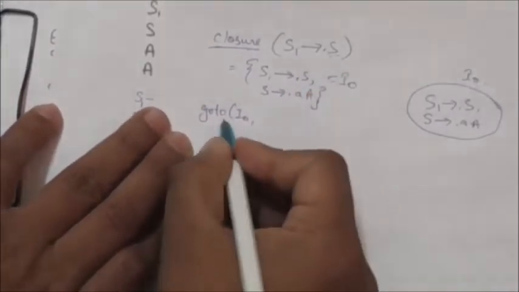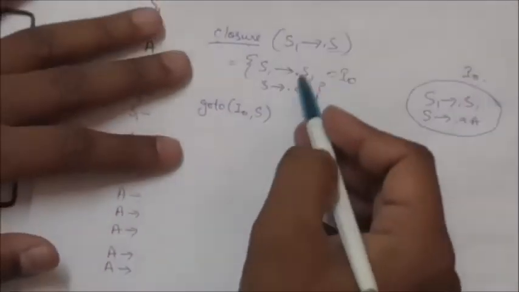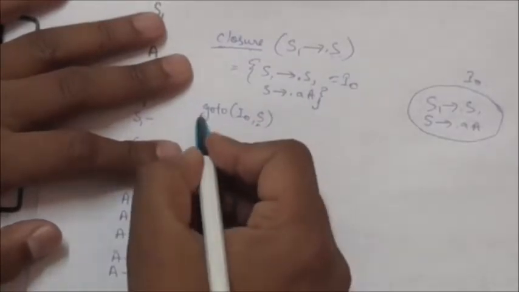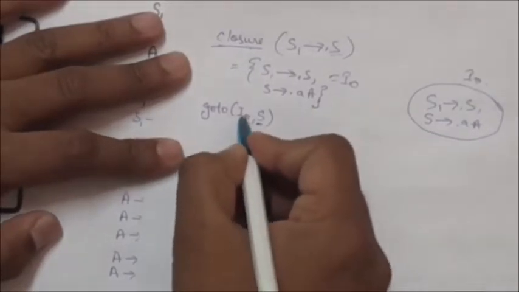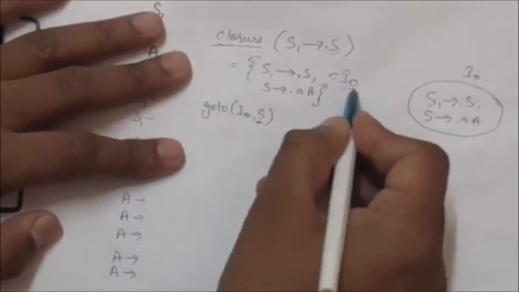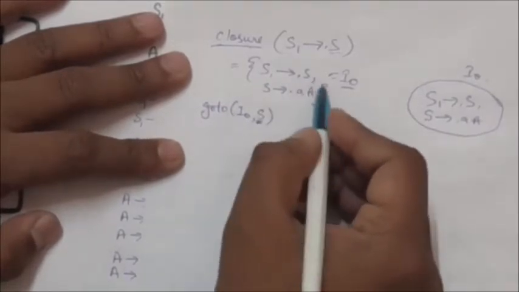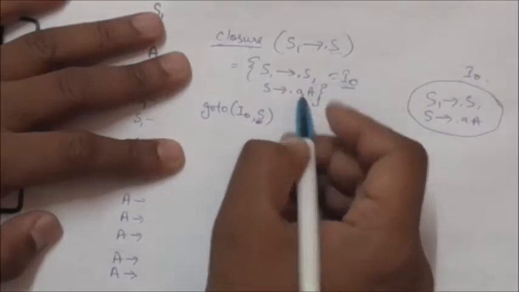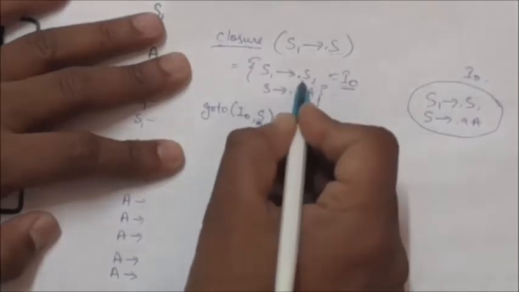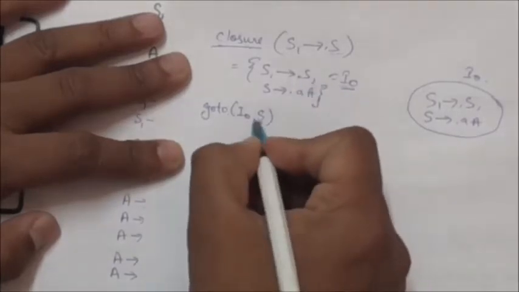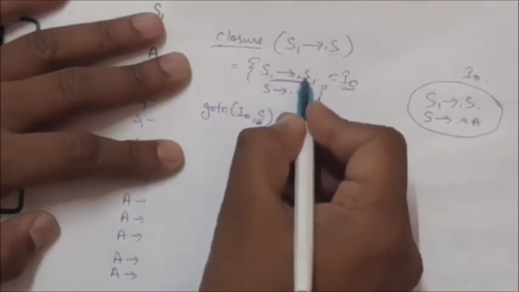First we will check its transition for symbol S. To find the transition of state I0 for symbol S, we need to evaluate the Goto function, Goto I0 S. In this set I0, we will check those items in which the dot is immediately before the symbol S. Here you can see that in this item the dot is immediately before the symbol S.